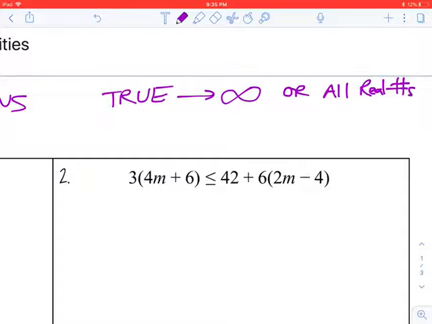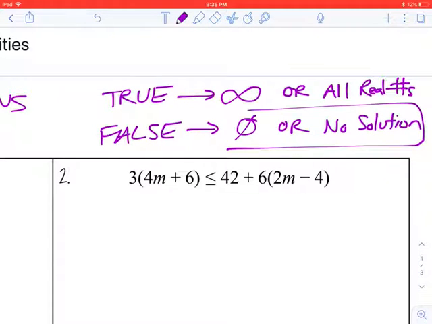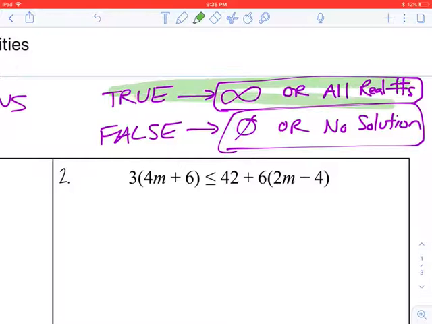And if the statement is false, your answer is no solution, or the empty set is another way to say that. That's something you'll probably want to write down. I'm going to highlight that to remind you that's something you'll have to make sure to know.